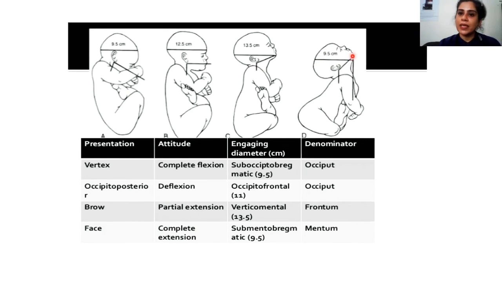And the denominator here is the mentum. So we will study this presentation today. That is the face presentation, where the baby's presenting part is the face, the engaging diameter is submento-bregmatic, the axis in which the baby lies inside the uterus is the longitudinal lie, and here the denominator is the mentum.